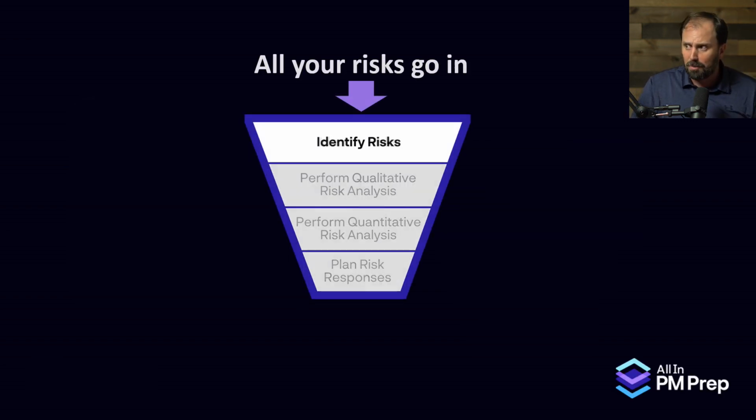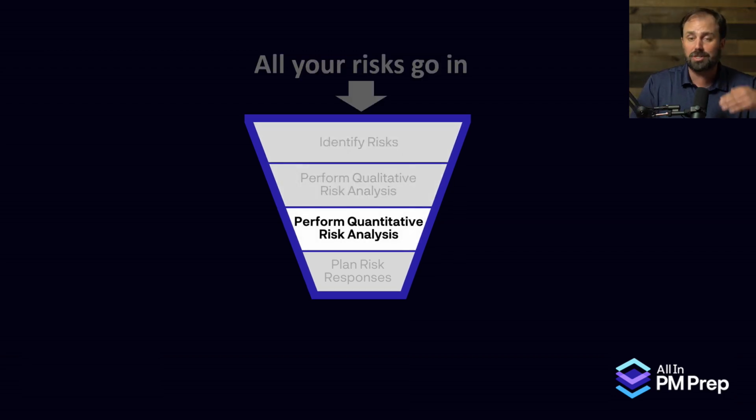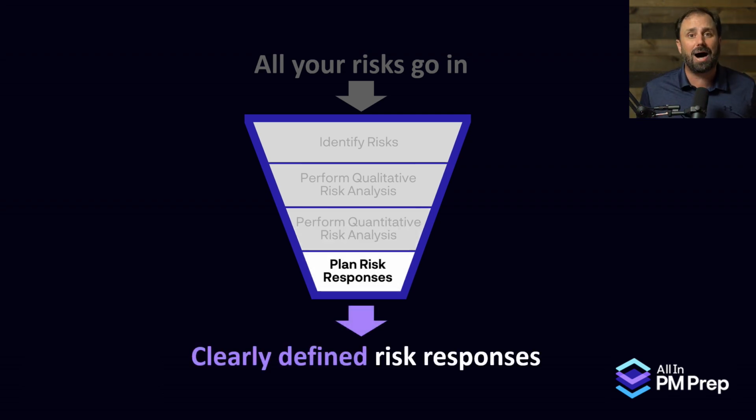Now, this is the way it works. All the risk goes into the top. First process is called identify risk. Who would have thunk it? And as we go through there, 2 different types of analysis that we'll walk through help us discern what are the most important risks. And at the bottom, we have planned risk responses, where we generate clearly defined risk responses that attack those big, important, meaty risks and opportunities.